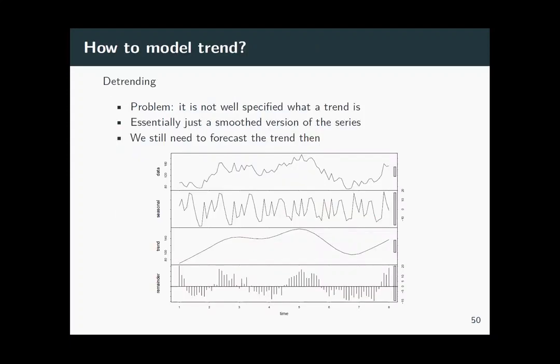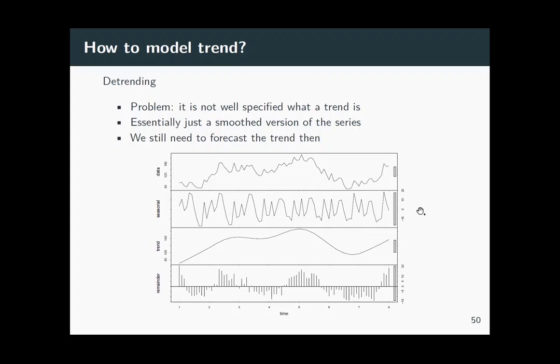Now, how can you model a trend? The problem is it's not very well specified what a trend even is. It's usually just a smoothed version of the series. And the problem is, if you detrend, you still need to forecast the trend. And that is often just as difficult as predicting the series itself.